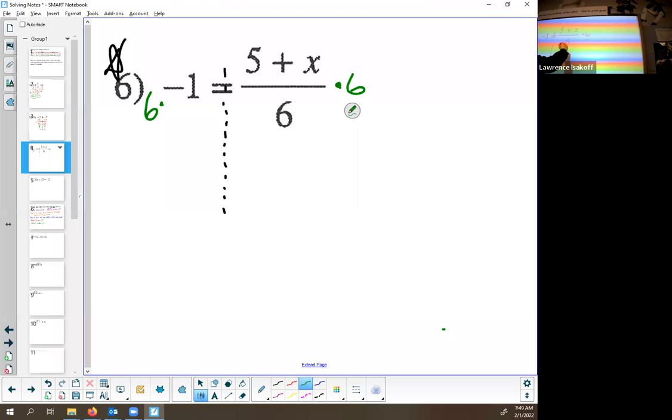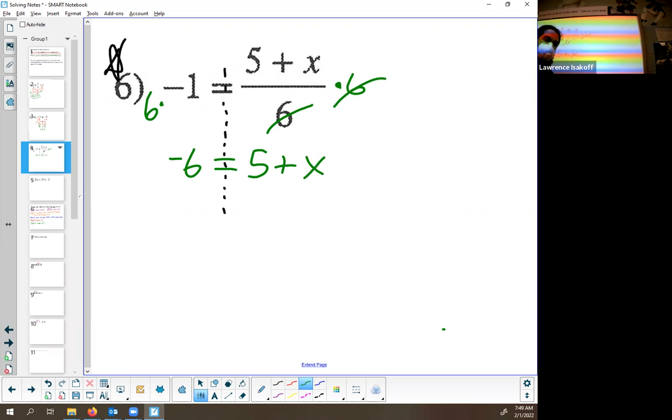In doing so, the 6 in the denominator and the 6 on this side cancel out. -1 times 6, -6 is equal to the numerator, 5 plus x.